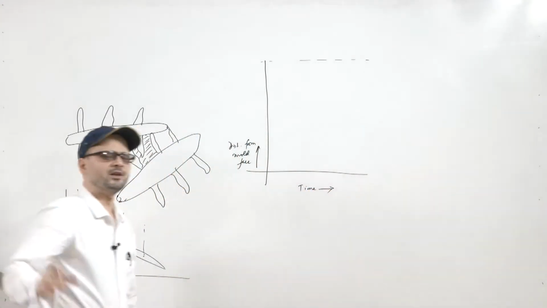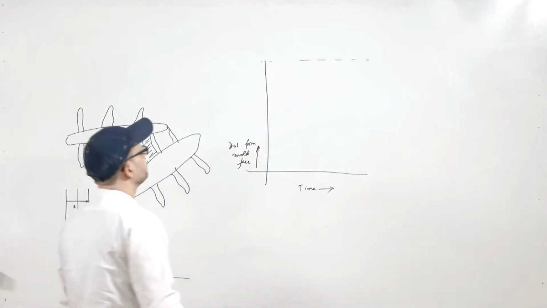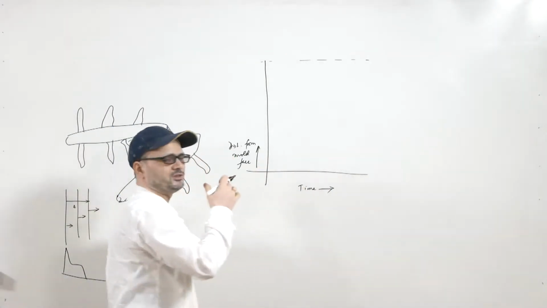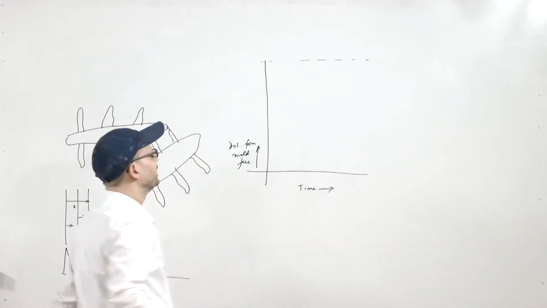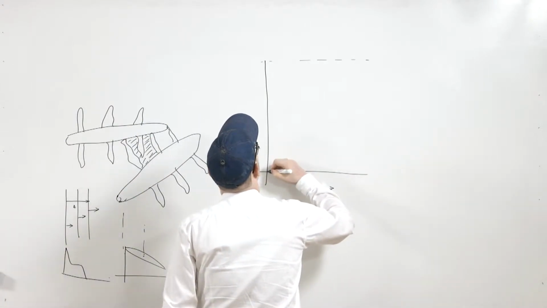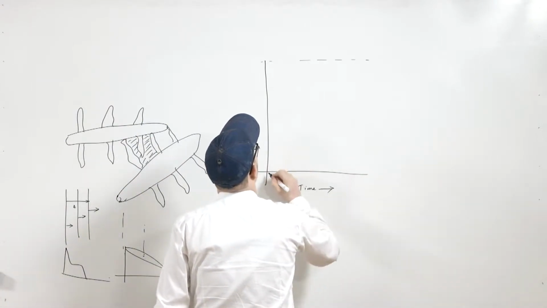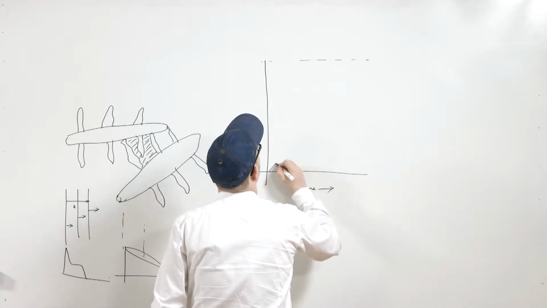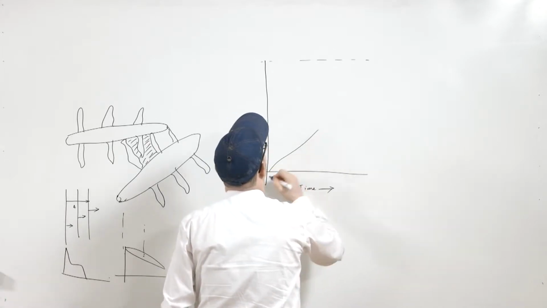When you pour the liquid metal, at the mold face it will try to solidify immediately, or it may take very little time for solidification to start.